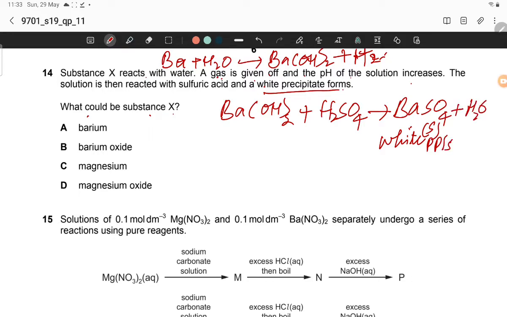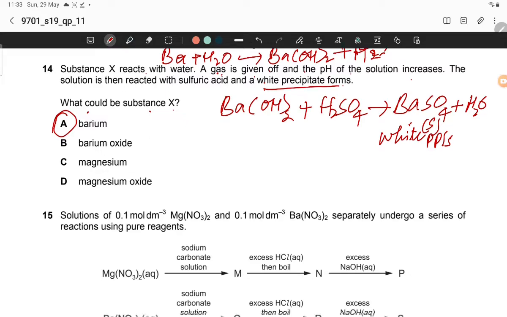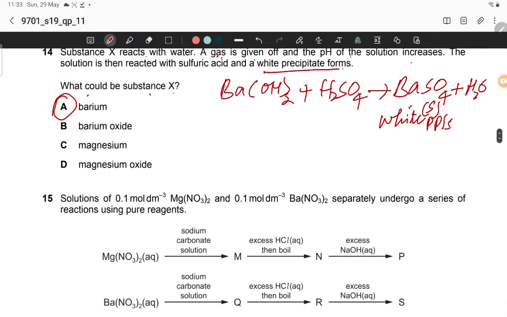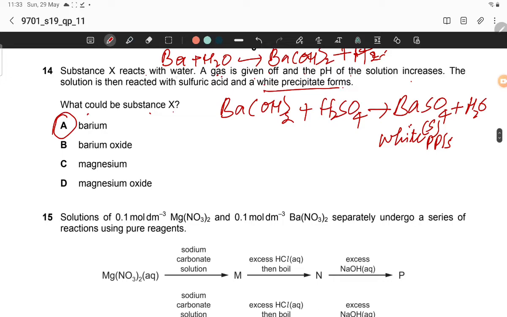What could be the substance X? It must be barium. Not barium oxide, because when barium oxide reacts with water, only one product is formed, not along with a gas, no other products. So this is incorrect.